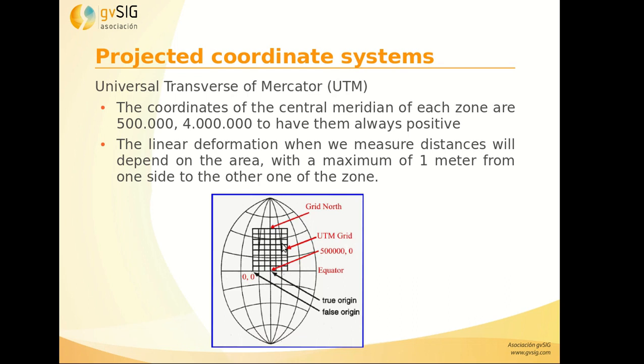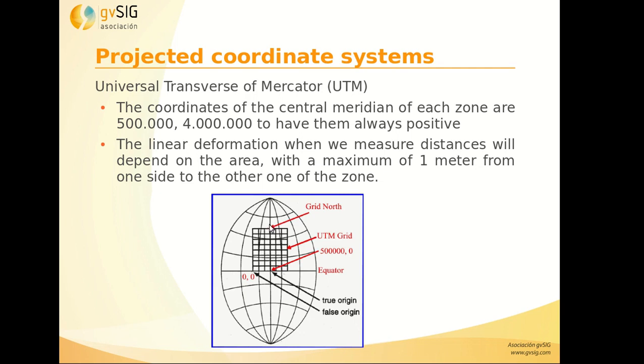Here we can see the UTM coordinates. At the central meridian, the coordinate is 500,000. So we have less than 500,000 to the west, and more than 500,000 to the east. So there aren't negative coordinates.